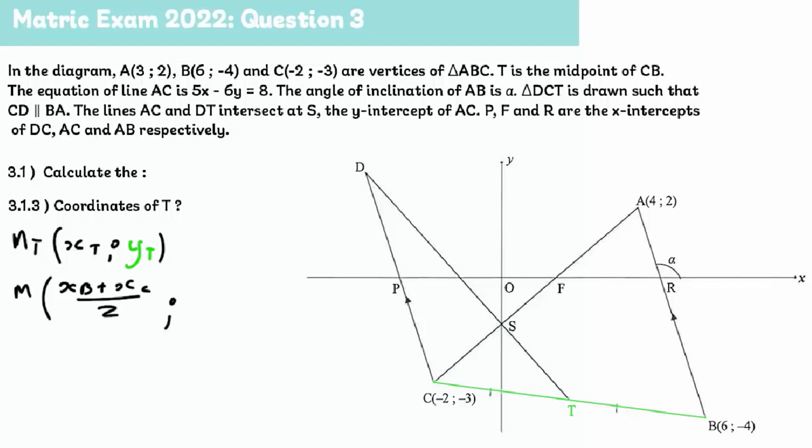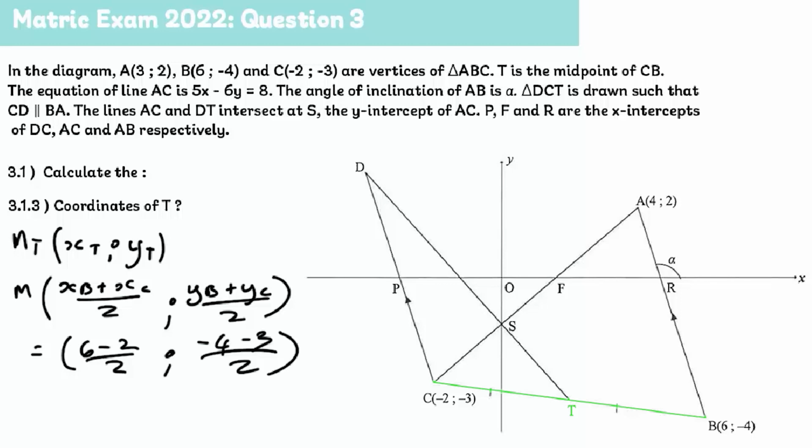To get the y value, we'll go y of B plus y of C over 2. Filling in the variables, that'll equal (6 - 2) over 2, and (-4 - 3) over 2. Punch that into your calculator, therefore T, which is the midpoint, will equal (2; -7/2).